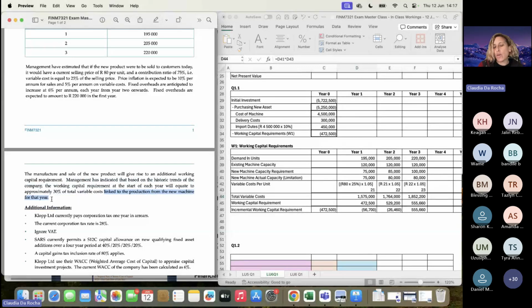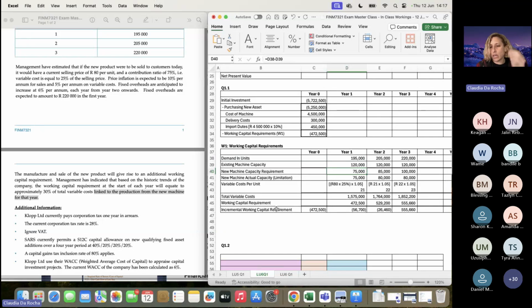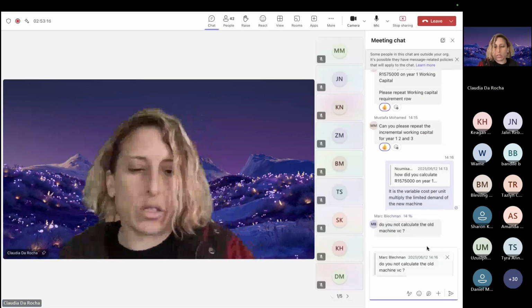Obviously, if they'd said linked to total production, I would then have to include the old machine. I'd have to say, these 195 units, or this 120 plus the 75, and calculate it. It's a very valid question, but they've specified here it's only linked to the new machine. Hope that answers your question.